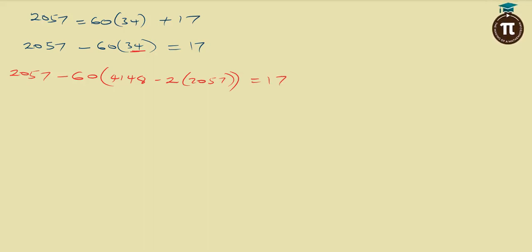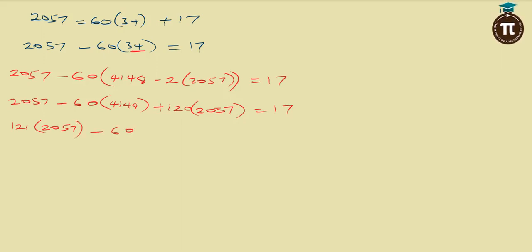So by the time you open this bracket, you have 2057 minus 60 times 4148, minus times minus will give me plus, then 60 times 2 will give me 120, then 2057 is equal to 17. So 2057 plus 120 times 2057, everything will give me 121 multiplied by 2057, then minus 60 times 4148 is equal to 17.